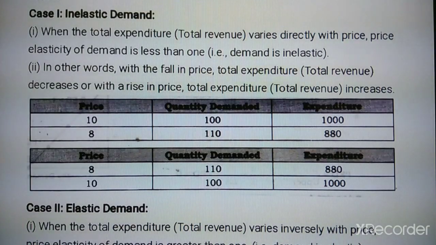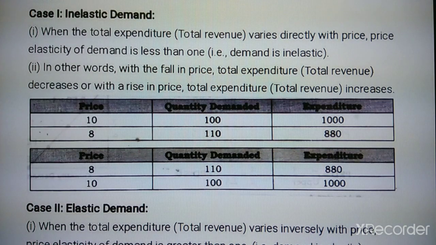Now in case of inelastic demand, the total expenditure varies directly with price, or the price elasticity of demand is less than 1, right? This is called inelastic demand. On the table which you can see on this screen, when the price is 10, the quantity demanded is 100. So how much is the total expenditure? 1000 rupees, right?